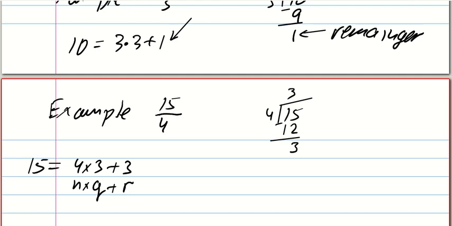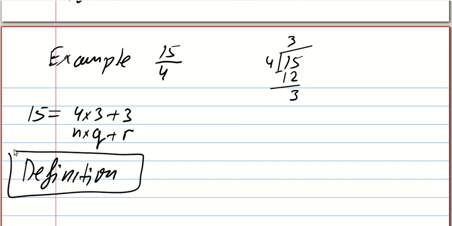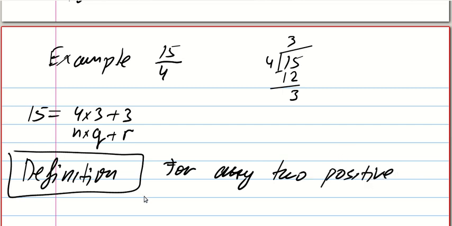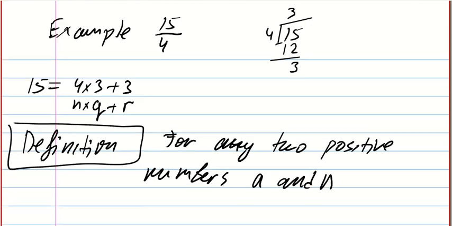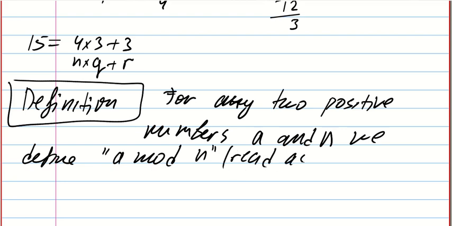So we're ready for a definition that will be really important for us. This definition says the following: for any two positive numbers a and n, we define a mod n, and you read it as a modulo n.